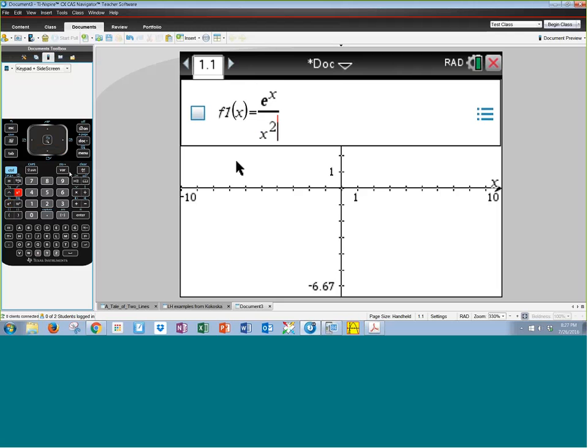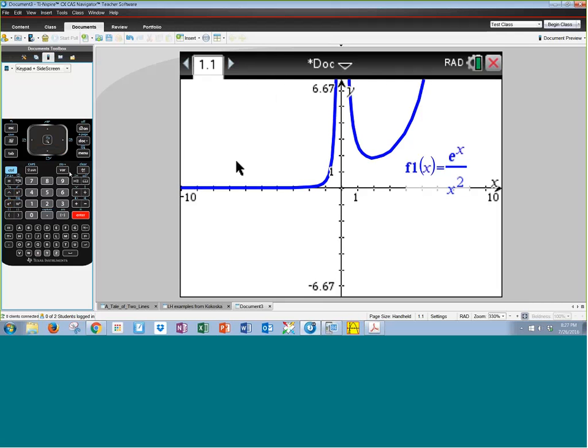And so let's graph this. And so we have this graph, and what we really want to explore is what's happening to this graph as x approaches infinity. So I tell my students they need to do a little more than just believe what they see immediately on that first graphing window.